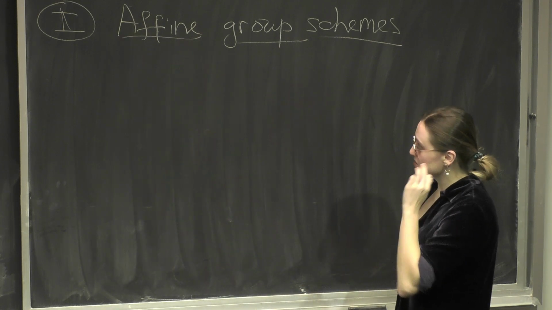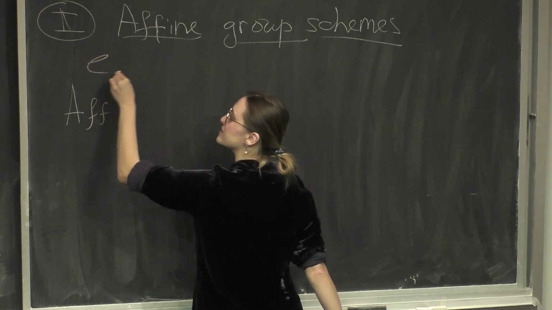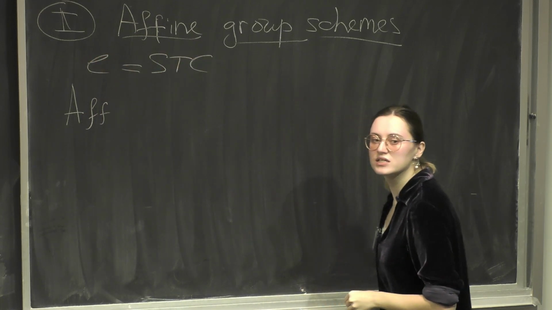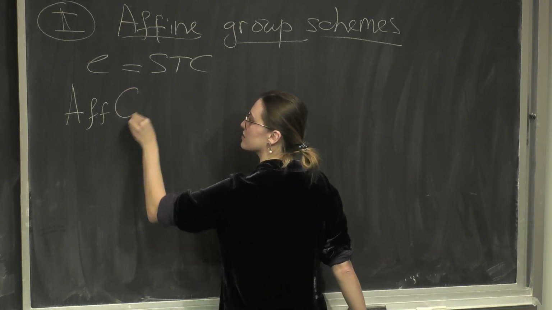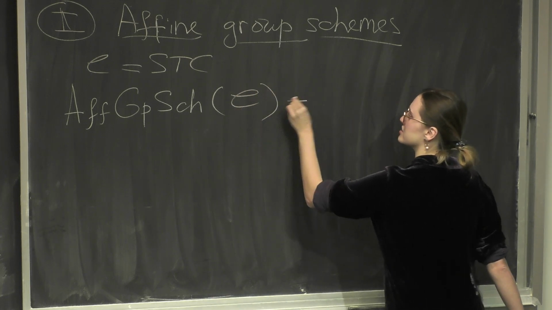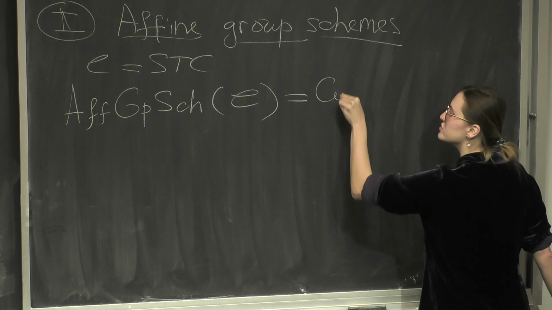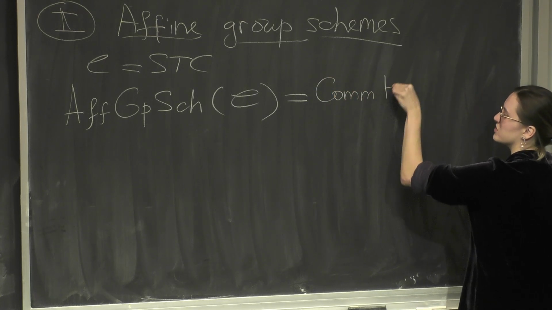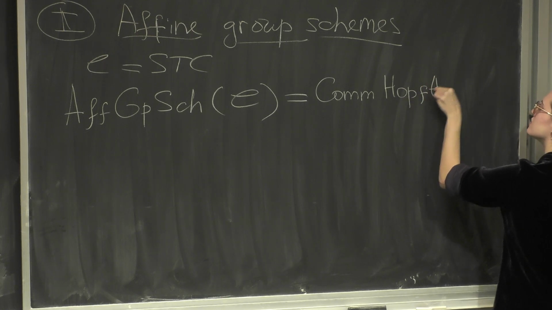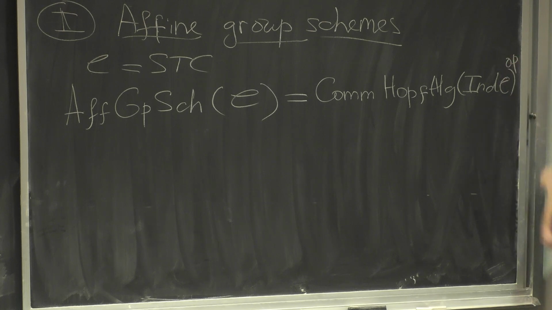So the definition is, here I'm going to start with some symmetric tensor category C, and affine group schemes in C is just the opposite of the category of commutative Hopf algebras in the ind-completion of C. Right, so I'm just thinking about the corresponding rings of functions on groups.